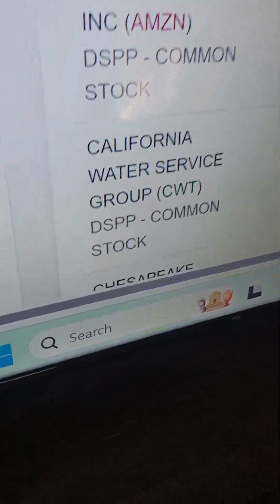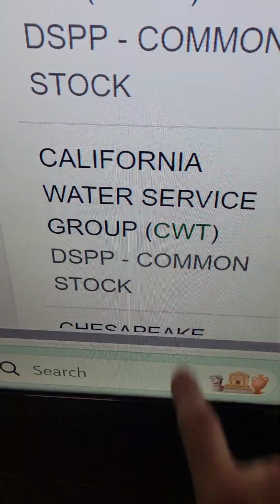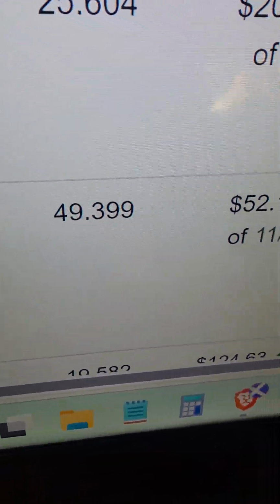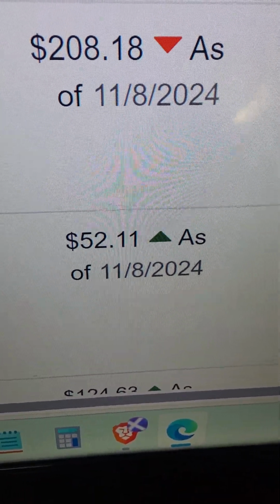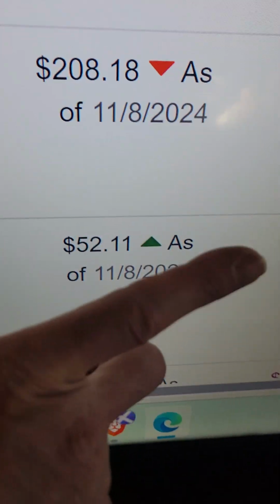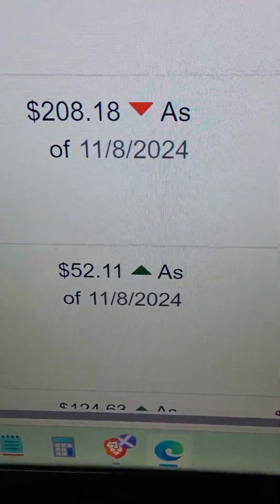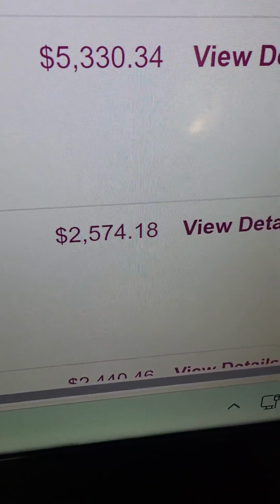California Water Group, ticker symbol CWT. We have a total of 49.39 shares in there at $52.11, and it is up, as you can tell by the green arrow. If there's no change, there is a yellow arrow pointed off to the right-hand side. And the total value of that account is $2,574.18.